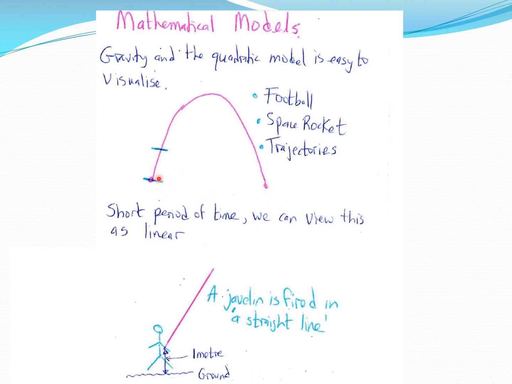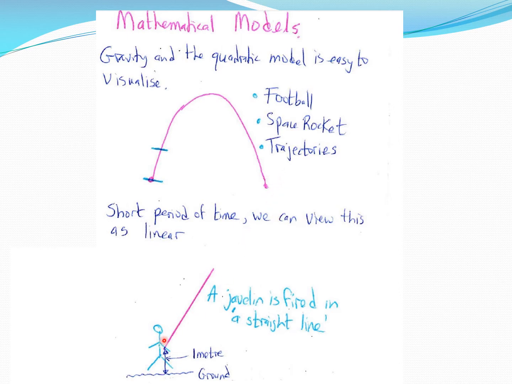So if we look at this parabolic path, or quadratic path, if you take a small section of it, locally that looks like a straight line. For example, if somebody fired a javelin at great speed, initially it would appear to follow the path of a straight line.